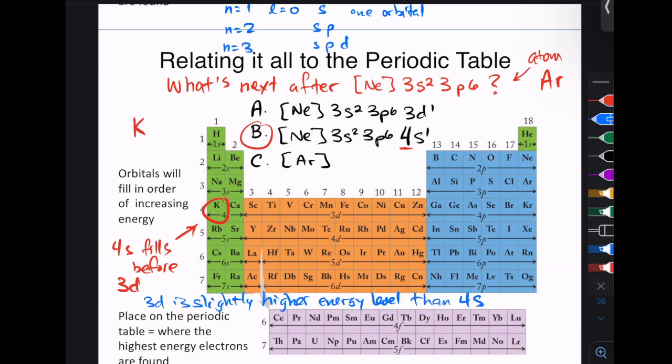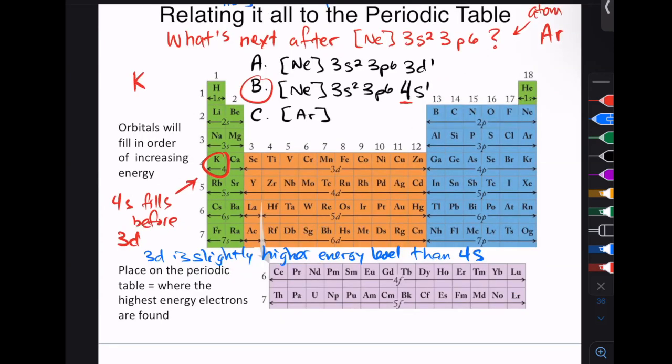But that's just a statement. I haven't given you any evidence for that. That's just what you learn. If you accept that as a true statement, however, then we are still following the Aufbau principle, right? This follows the Aufbau principle. We're still filling in our electrons in increasing order of energy level.